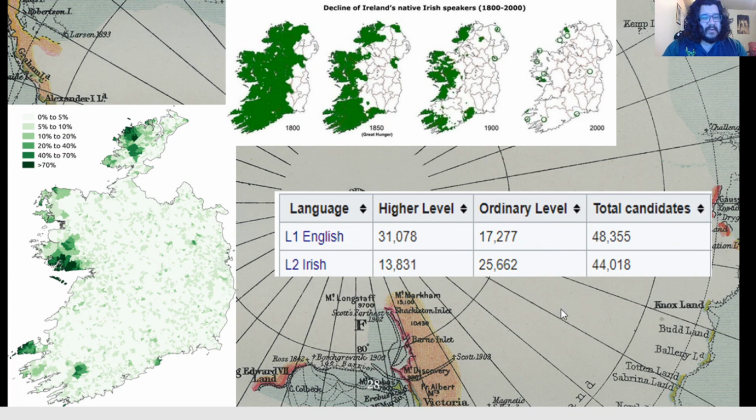And so here we have what we call L1 English and L2 Irish. So L2 meaning a second language, L1 meaning a first language. And we can see that by far, this is for Ireland, contemporarily, we see English dominating over the Irish language, where we see many more students speaking English at a high level compared to Irish, the native language, at the high level.